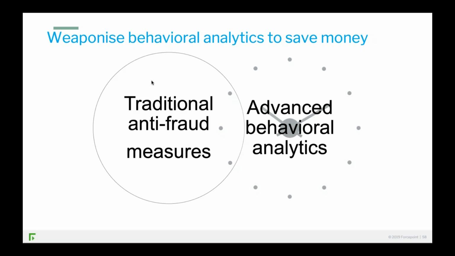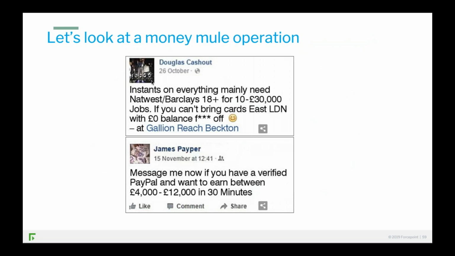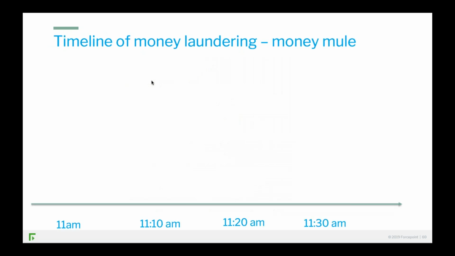Typical things it can spot: when you're a 19-year-old and you think that you can earn money really quickly without having to work, it's called becoming a criminal. You spot the post on Facebook that says, message me if you're a verified PayPal user and want to earn a load of money. It's money laundering, making the money of drugs and extortion and whatever.